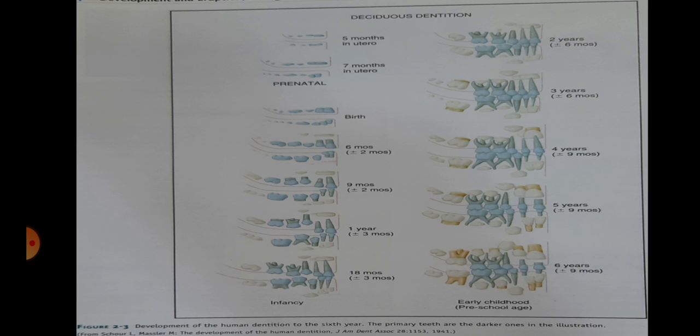By 18 to 20 weeks, all the primary teeth have begun to calcify.